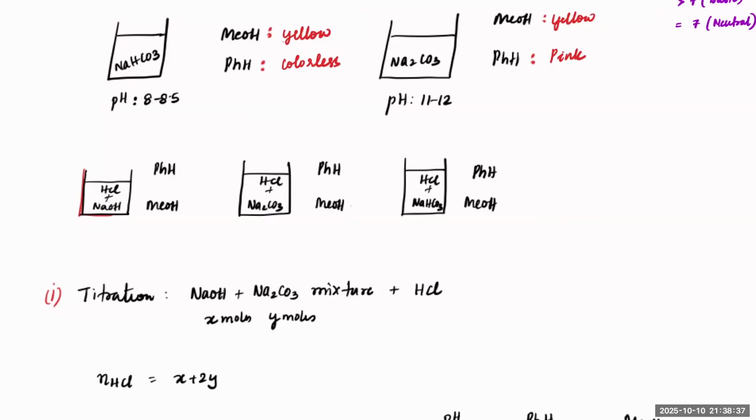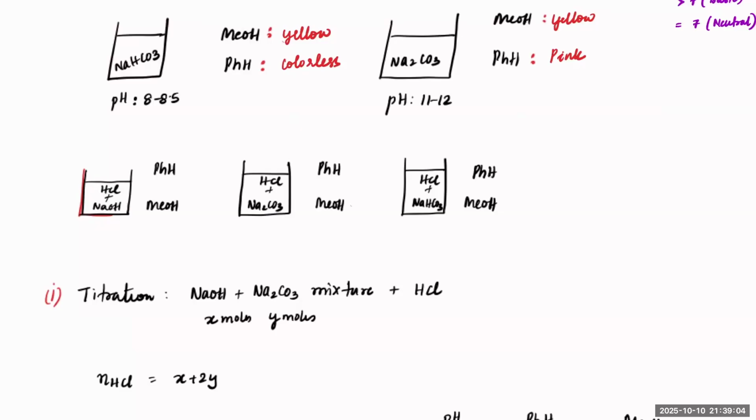What would happen? See, when HCl is titrated with NaOH, that means you are adding NaOH into it. Okay. Here, let me write down. Adding NaOH. Here, adding Na2CO3. Sorry, my mistake.